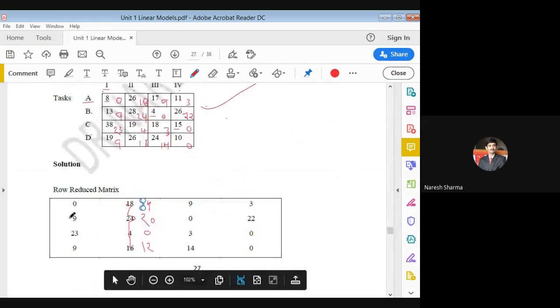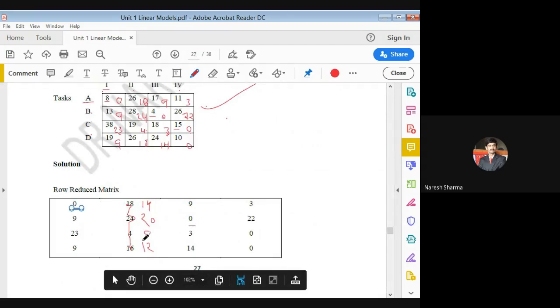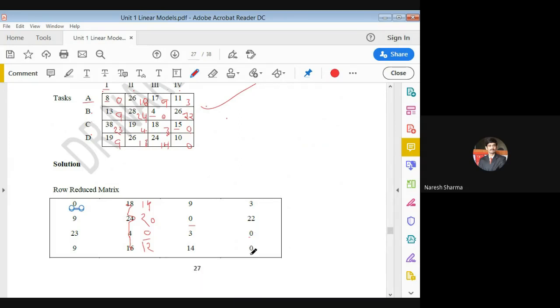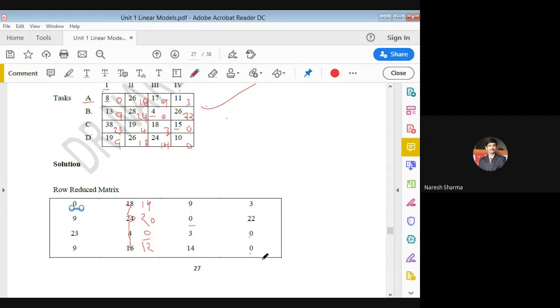We need to cover the zeros. We have the 1 zero here, 1 zero here, 1 zero here, and 3 zeros. So we try to cover these zeros. One way is you draw 4 vertical lines or 4 horizontal lines just to cover these zeros. Sorry, but we are trying for the minimum number of lines.